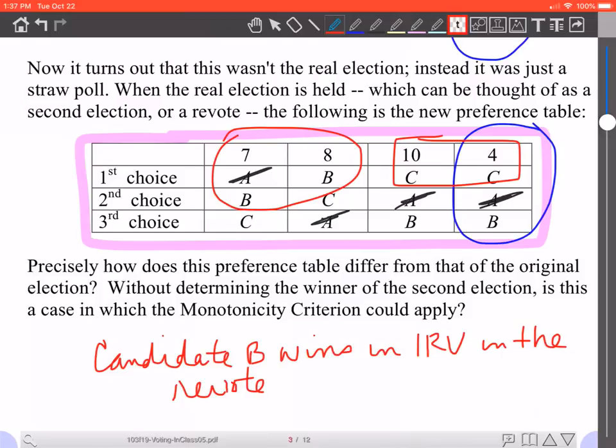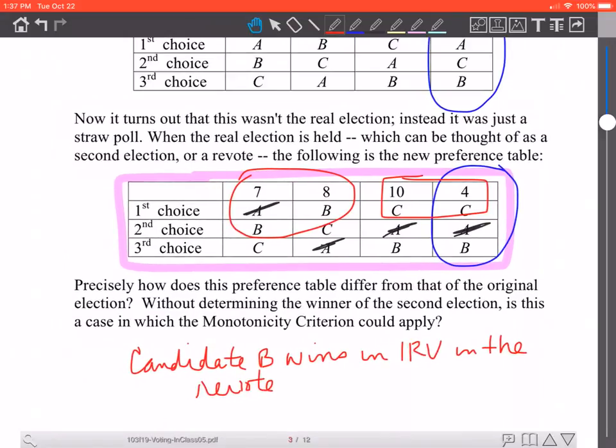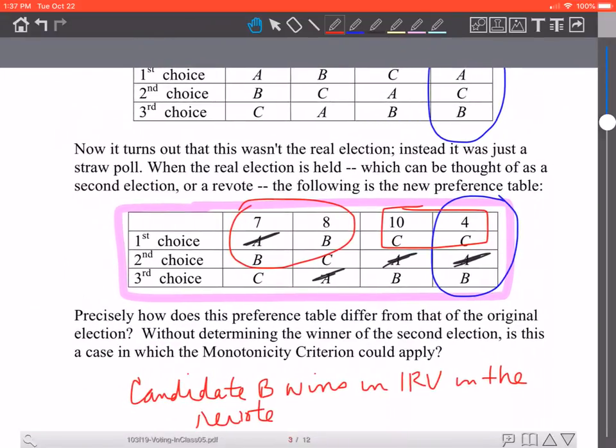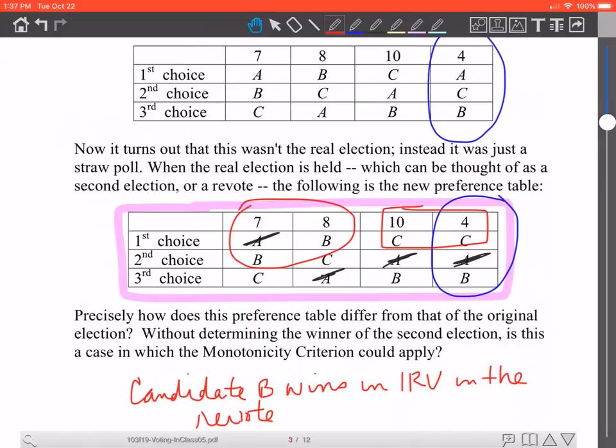We said that in those 4 that are circled in blue, candidate C was the original winner. Candidate C is favored by the ballot switches. But despite that, that's not enough to give them the win under instant runoff. We eliminated candidate A. That gave B an additional 7 votes, and that gave B the majority. And so this is a violation of the monotonicity criterion.